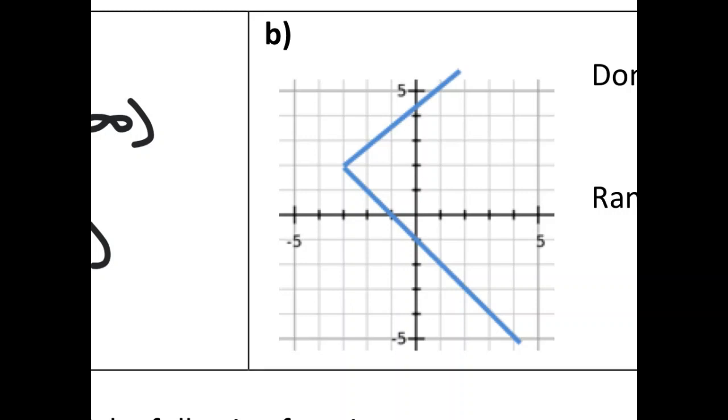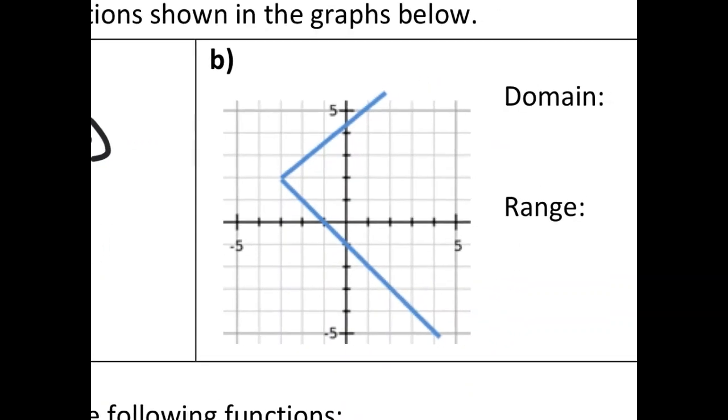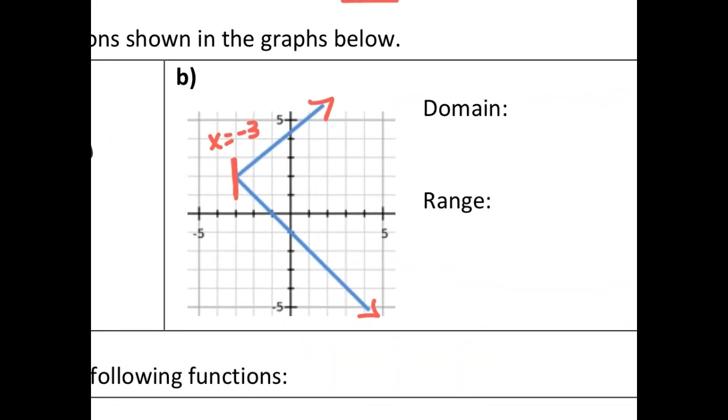So we're looking at the domain and range, and for the domain, the leftmost value is this x value at x equals -3, but on the right, it goes forever. And so your domain for part B is going to be -3, including -3, all the way to +infinity.